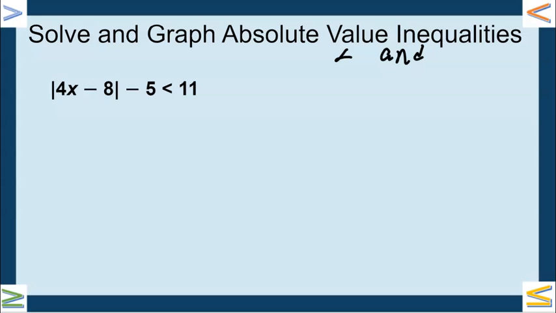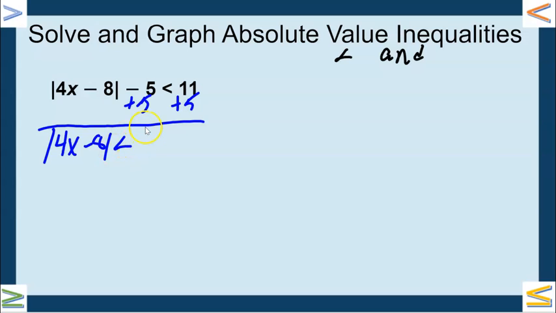First thing we need to do is get our absolute value by itself. So I'm going to add 5 to both sides. And now I have the absolute value of 4x minus 8 is less than 16. Now there are two ways of simplifying this one with a less than sign.